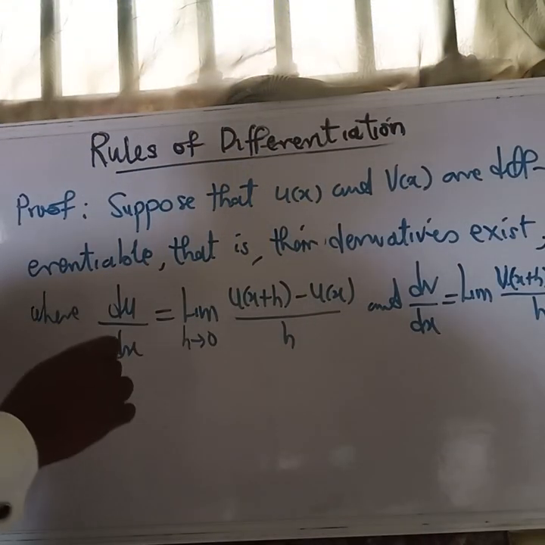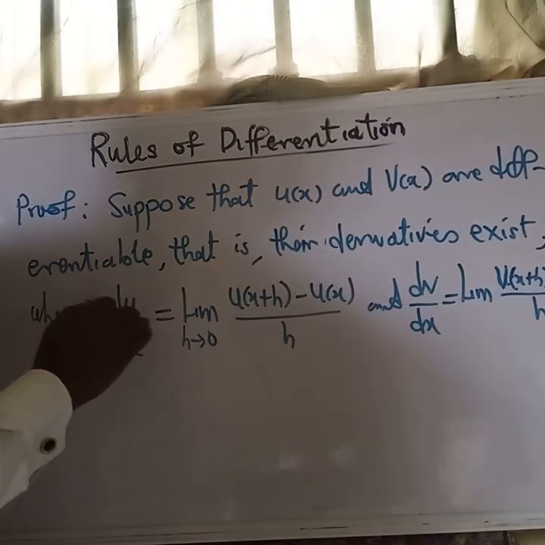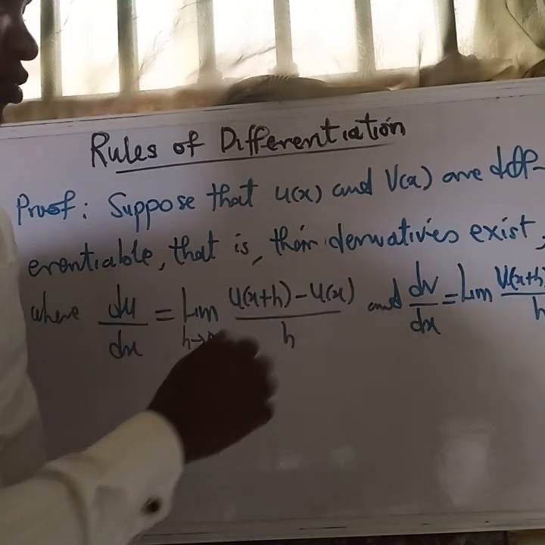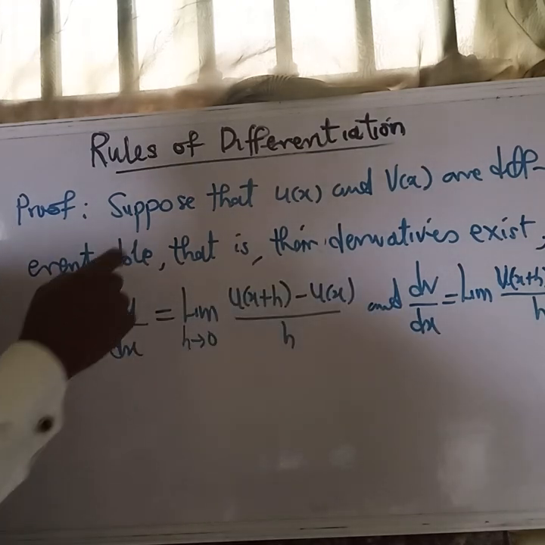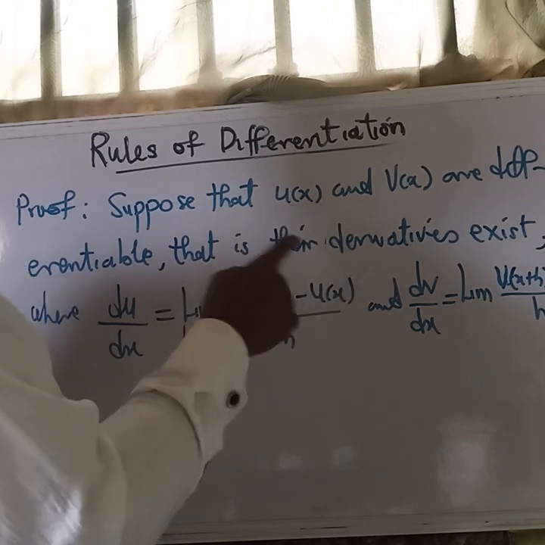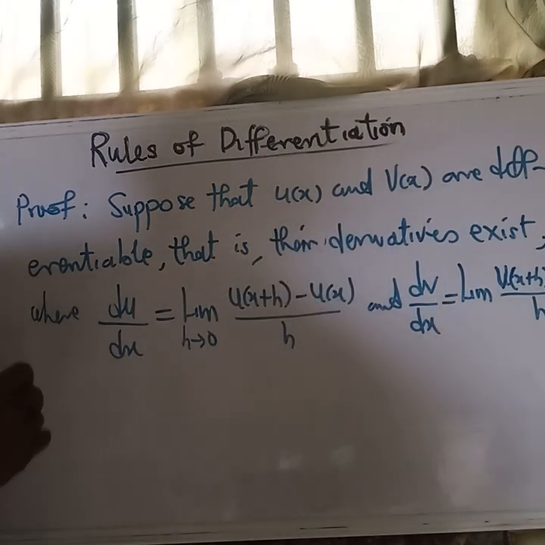Okay, so this is what it means if the derivative exists at any point x. So this means that the derivative exists.